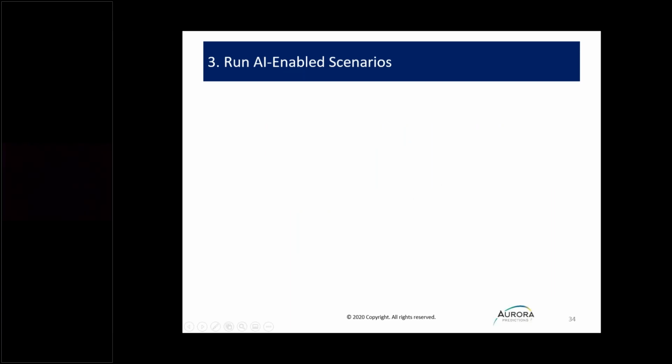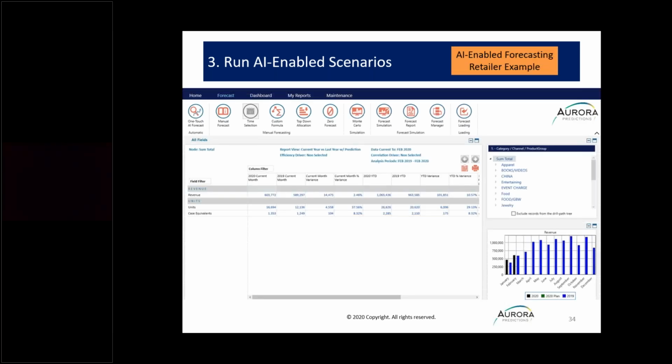All right. Now, let's do an AI-enabled forecast simulation in Monte Carlo for our small retailer. So here we have a small retailer of a variety of retail products. And we can see this drill path is by category, channel, product group, and then underneath that is the actual product, the SKU.